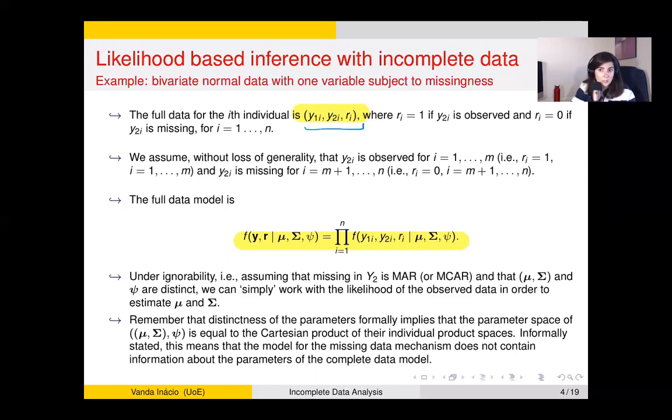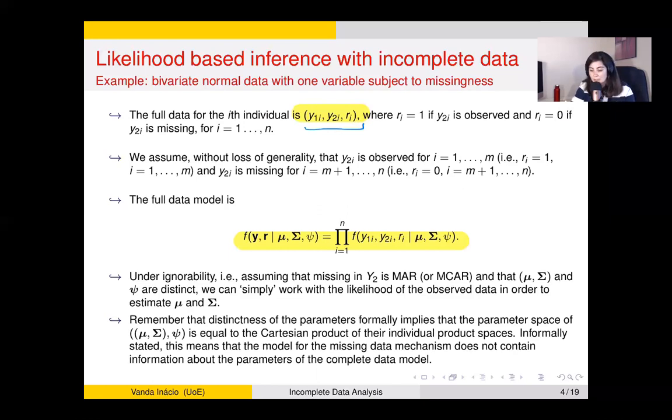So we are not ignoring it, we have made assumptions about our missing data mechanism. Basically, ignorability means that I don't need to posit a model for the missing data mechanism, and that really simplifies my life.